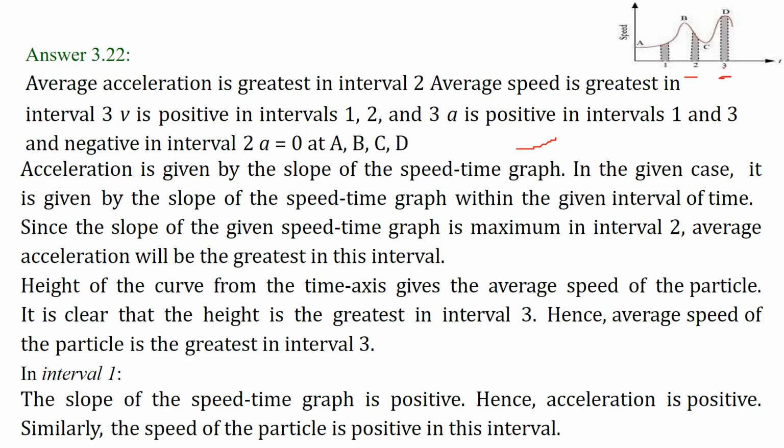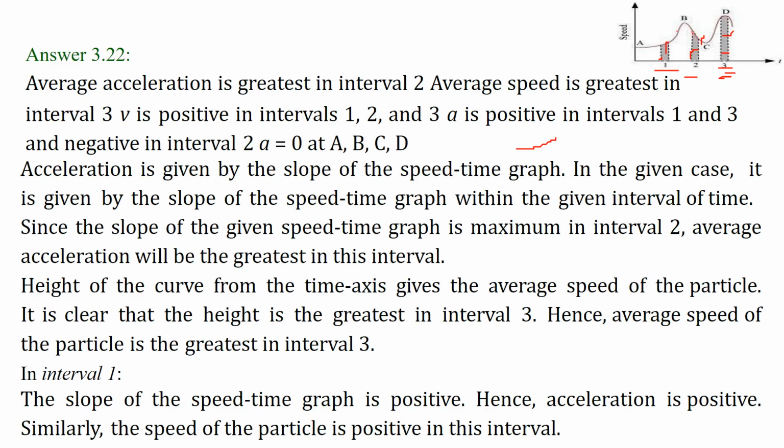Average speed is greatest in interval 3. V is positive in 1, 2, 3 because you are getting a positive slope. And in acceleration, it is positive in 1 and 3 and negative in interval 2.